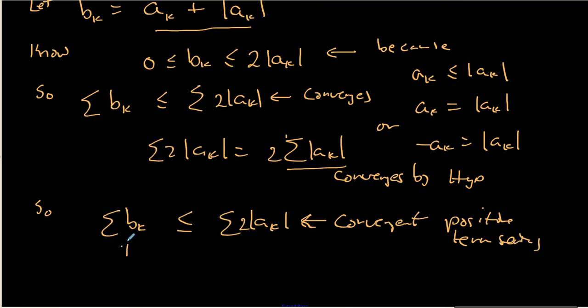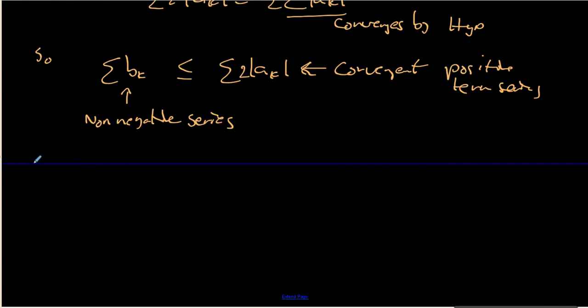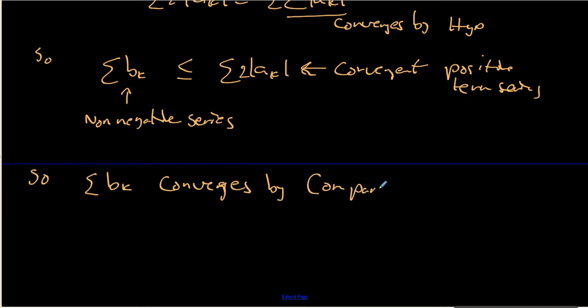And the BKs are a non-negative series. And that's the setup for the comparison test. So what this tells me is that the series of BKs converges by the comparison test.